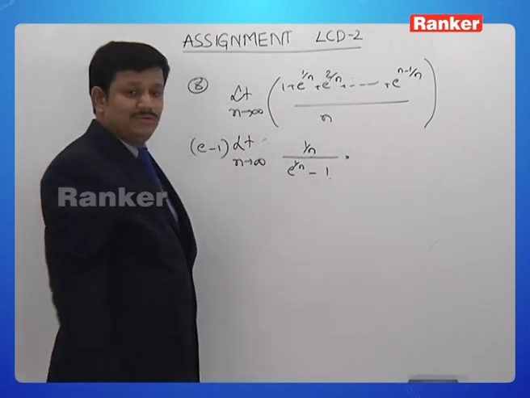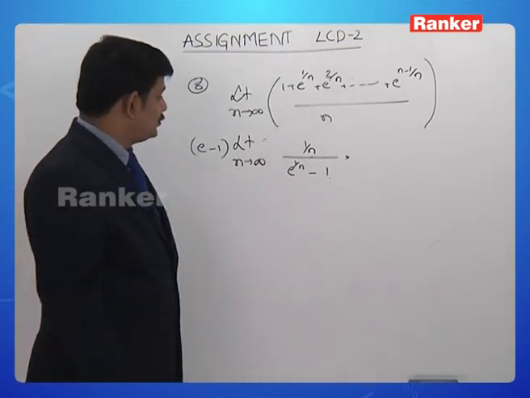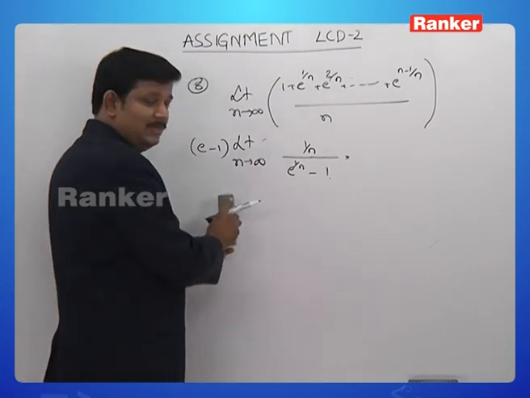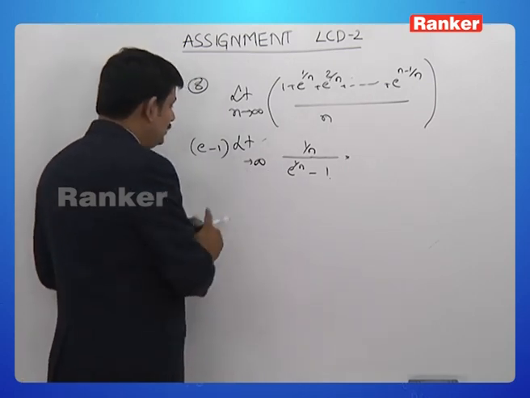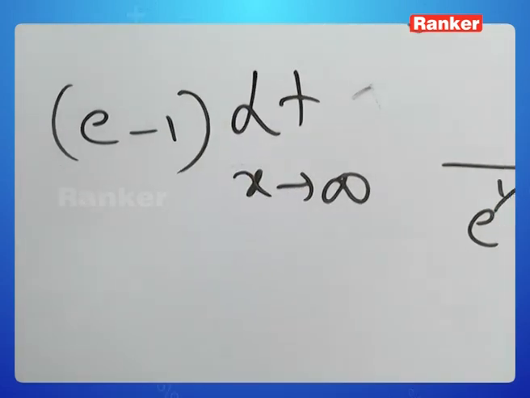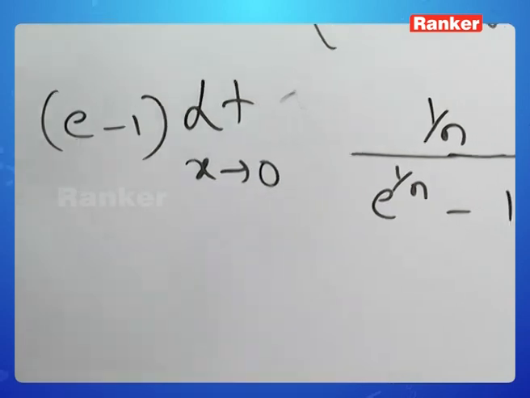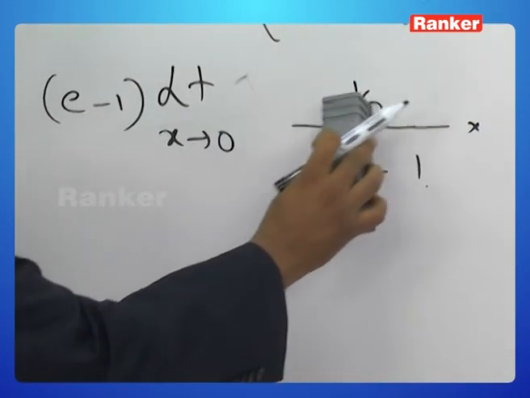As n tends to infinity, 1 by n tends to 0. So, this limit is equivalent as 1 by n, let me replace by x. As n tends to infinity, x tends to 0. I can replace 1 by n by x.